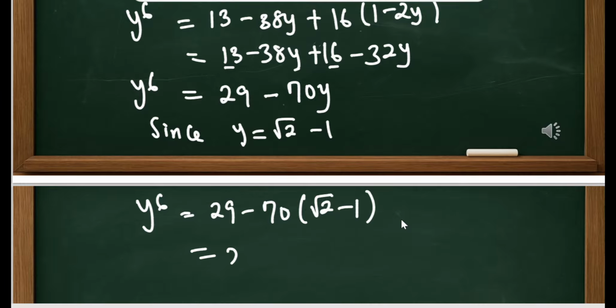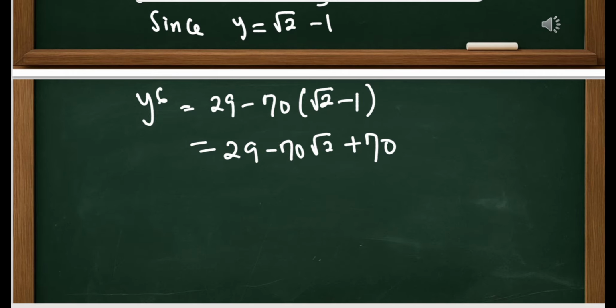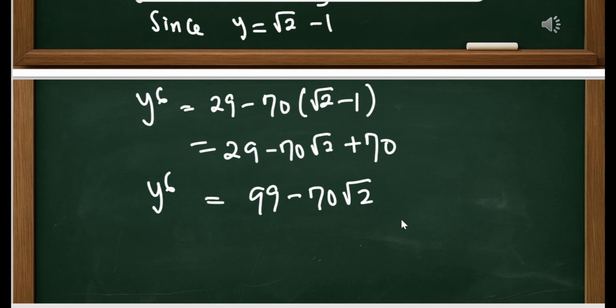And here we have 29 minus 70 root 2 plus 70. And here my y to the power of 6 can further be simplified as 99 minus 70 root 2.